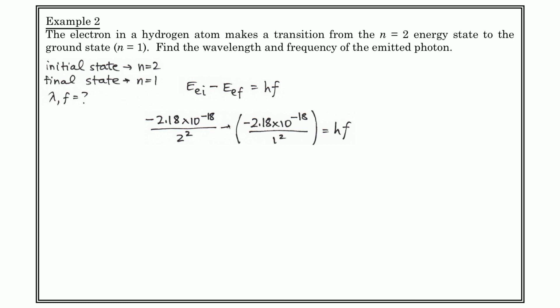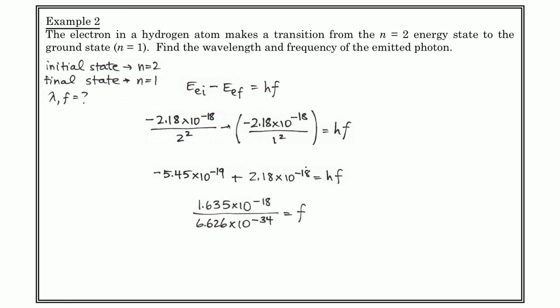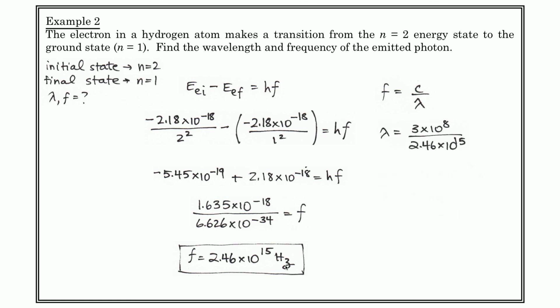So be very mindful of the negative signs, because I get a positive number if I'm careful of them. And I divide by Planck's constant, and I end up with a frequency of 2.46 times 10 to the 15 hertz. And if I just use c equals f lambda, I can make a very quick calculation, and I can determine that this is 121 nanometers.